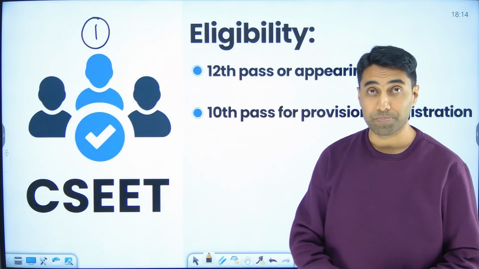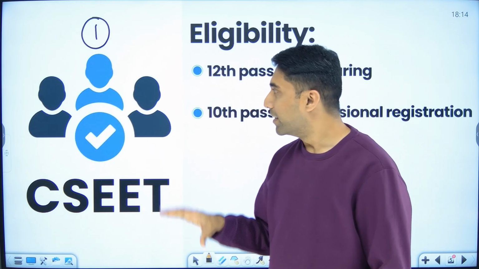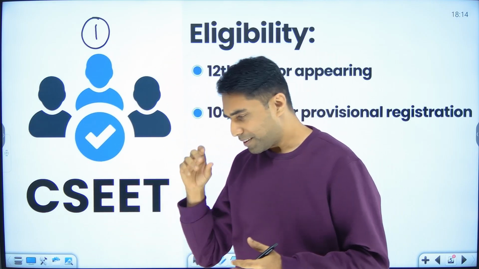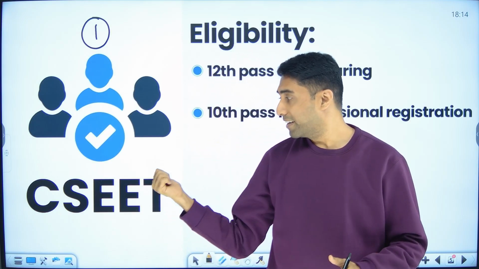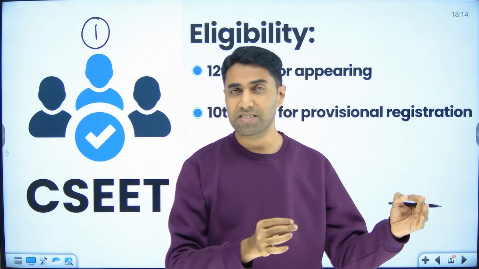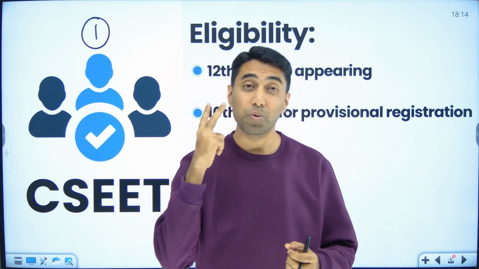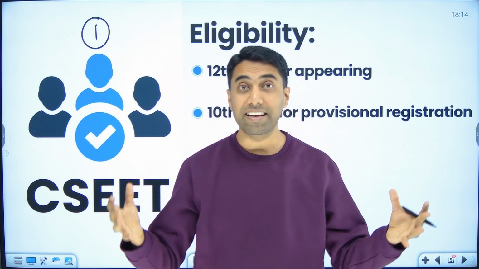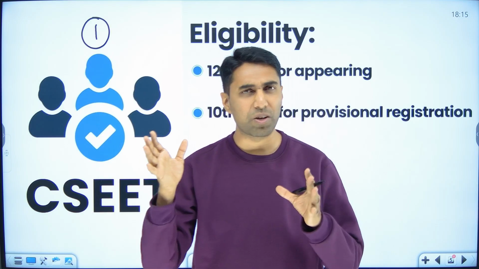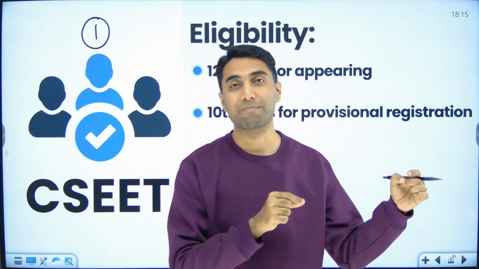So CSEET, or the entrance test, has made it very easy for anyone to enter. First thing you should understand is why they made this so easy. See, in India every year at least 2 lakh, 200,000 new companies are being registered, right? And in India we have only, as per ICSI records, around 75 to 80,000 members, but in reality it is less than 50,000 members.